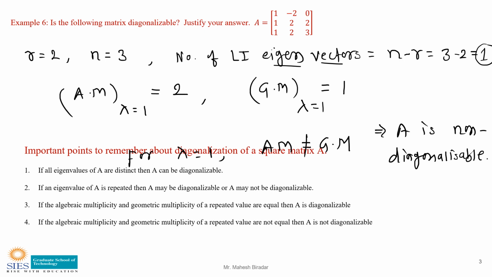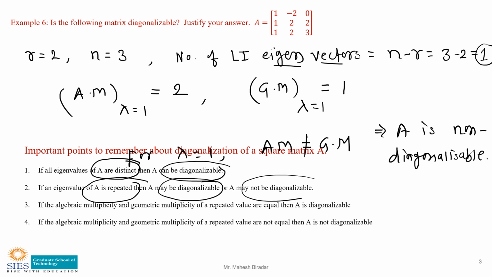I'm going to highlight the points here. Remember, if all eigenvalues of A are distinct, then definitely matrix A is diagonalizable. If eigenvalues of A are repeated, then A may or may not be diagonalizable.